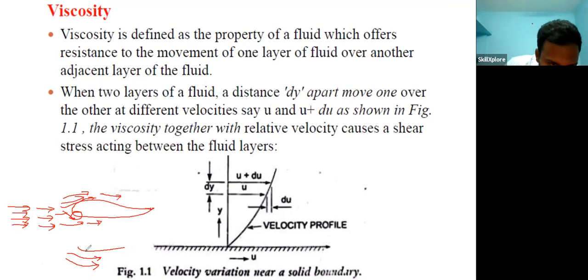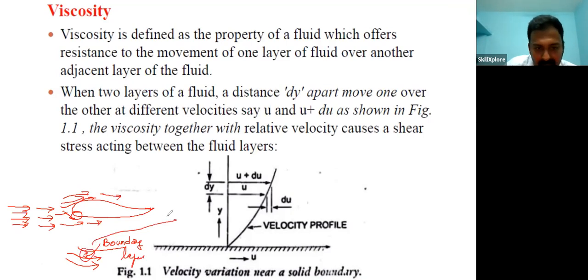This particular gap we call the boundary layer. So consider this as a boundary.